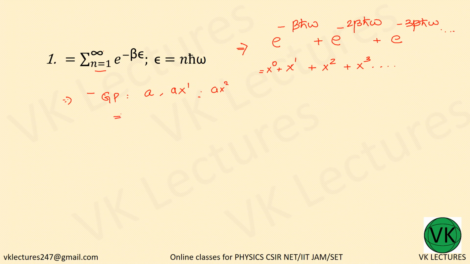So what is the first term here? X, so that is x divided by 1 minus x, that is S infinity, the sum of infinite terms. So you can write sum n equal to 1 to infinity x to the power n is equal to x divided by 1 minus x.